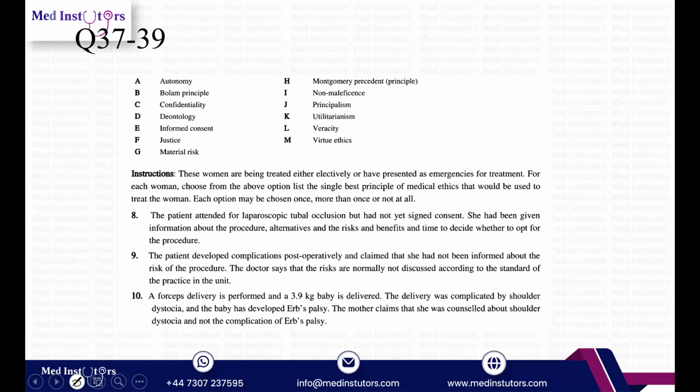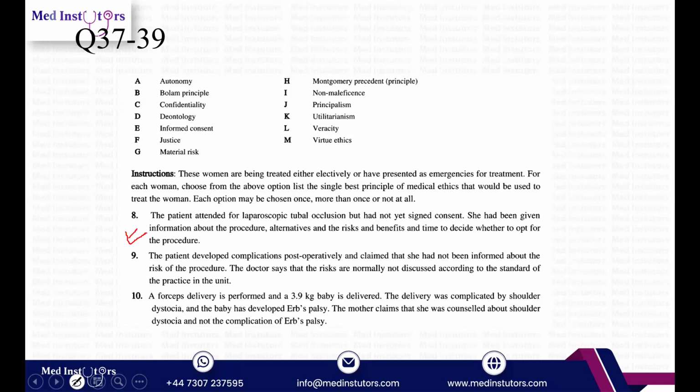Informed consent. Yeah, you have to take informed consent. What are the other people saying? Do you think anything else that we need to take into consideration? Autonomy. Okay. So here, guys, she is going for a procedure, right?